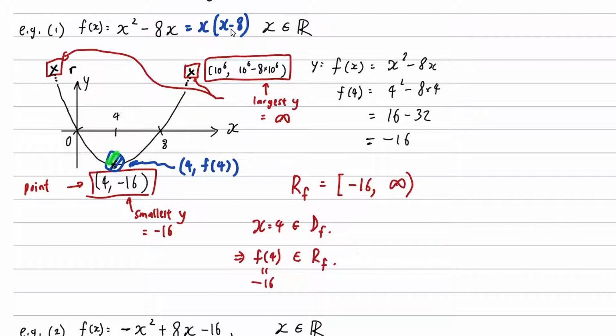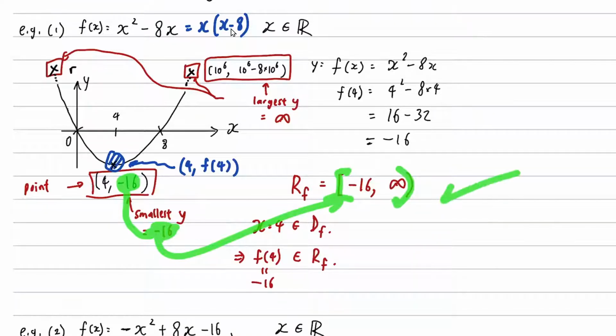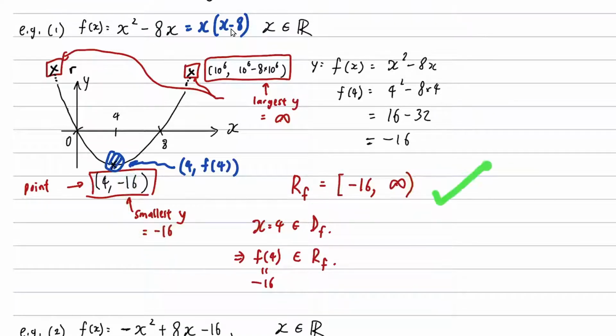Do you understand why I shade in now? Yes, okay, so you shade in because x equals 4 is part of the domain. That means this point is included, which also means that this smallest y is included, which means that it should be a square bracket. Then for infinity, round bracket. Understand this?